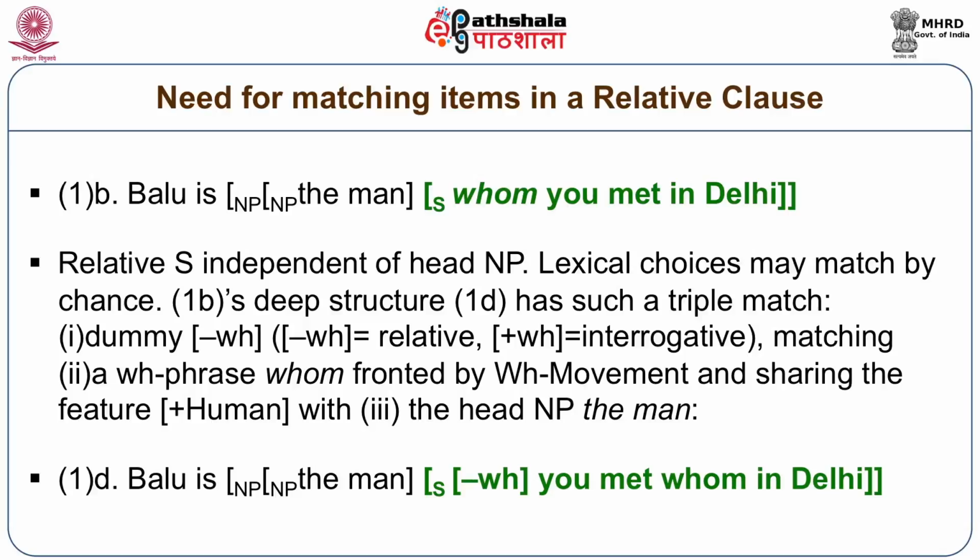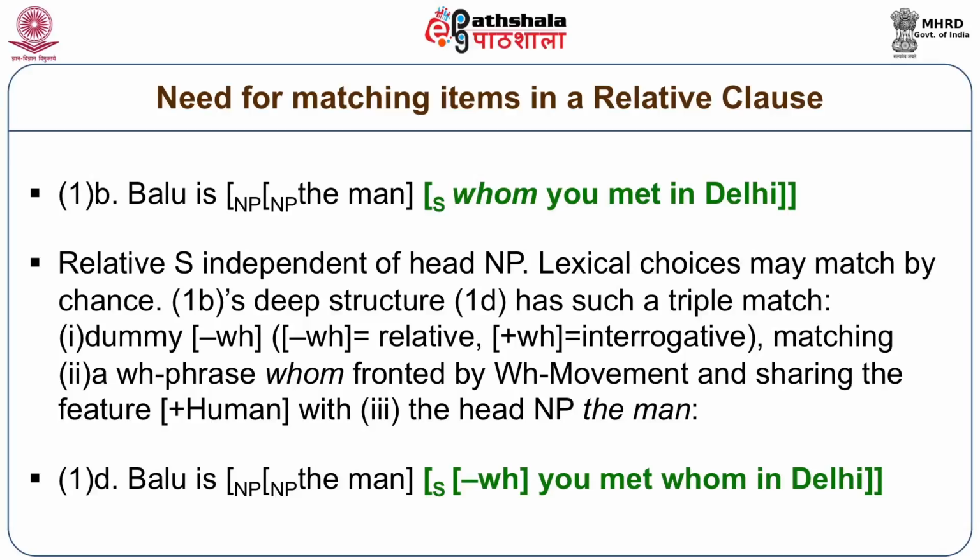The difference between them is that the interrogative clause moves the WH constituent to a position in the clause marked by the dummy placeholder plus WH that we were discussing at the end of the preceding module. Relative clauses, in contrast, have a dummy placeholder that we write as minus WH in order to distinguish relatives from interrogatives. Thus, we imagine a feature WH for which the plus value is question and the minus value is relative.